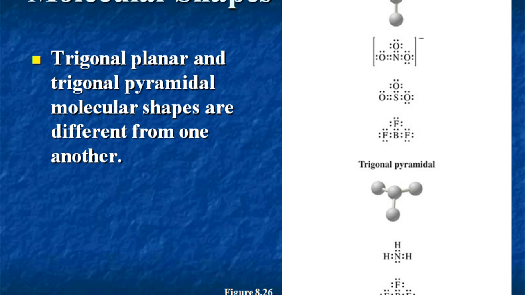Again, as I said, notice the difference. Planar is all 3 in the plane, with the central atom and the outer atoms in the same plane. But here it is not in the same plane. The central atom is like on a mount or a pyramid. So that is where the name comes from: trigonal pyramidal.